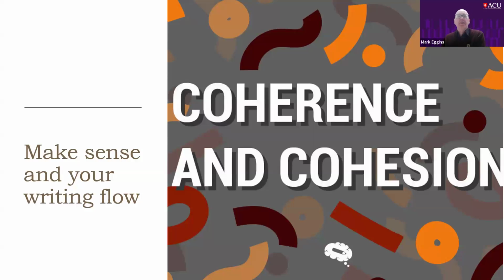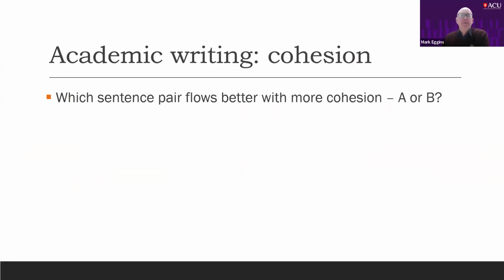All right, so now let's move on to coherence and cohesion, two important interrelated ideas. So it's about making sense and making your writing flow. So here I'm going to show you two sentence pairs.